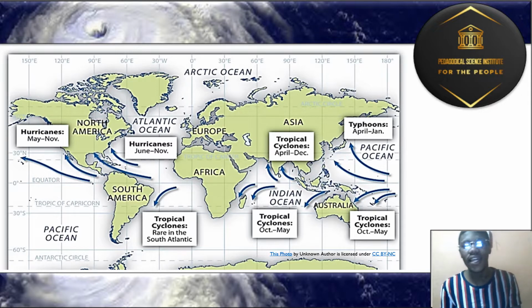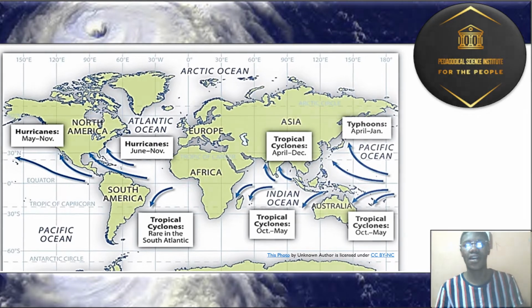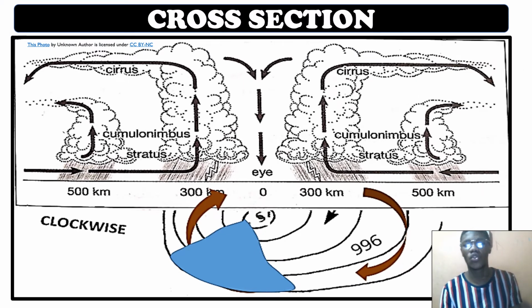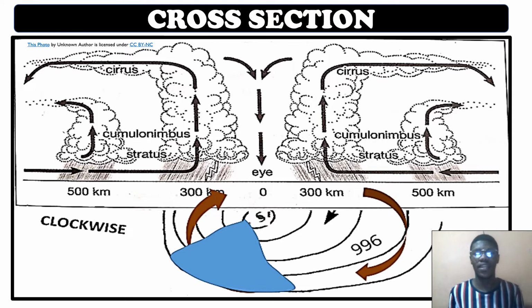Okay, then we look at the next part, which is our cross section. Remember that you may be asked to draw a cross section of a tropical cyclone. You're supposed to draw something that looks like this. Now, if we study it briefly, you can see what I was explaining: for a tropical cyclone to form, we need an ocean surface at first.